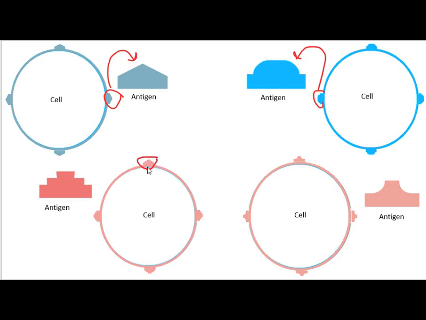And this cell has this shape protein. This cell over here has this shape protein. So as you could see, every single cell has its own shape. So your immune system recognizes the proteins that are located on the surface of your own body cells as self.